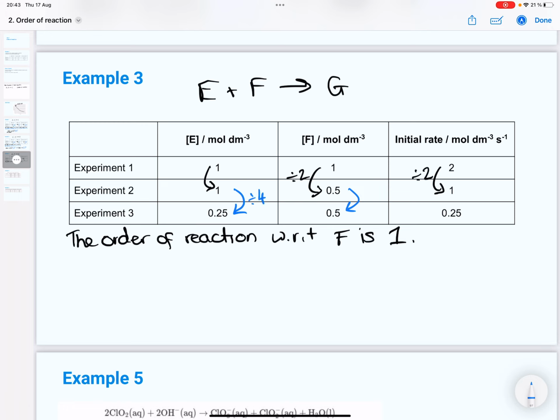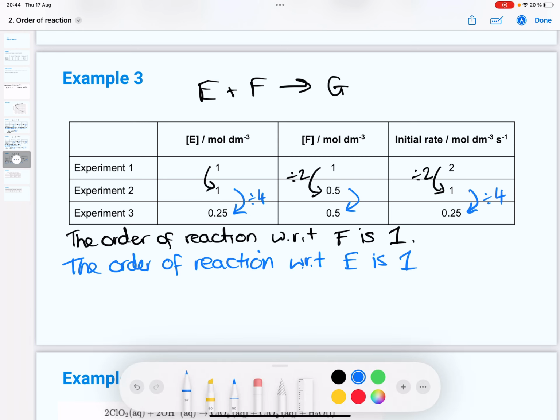Let's look at what happens to the initial rate. The initial rate goes from 1 to 0.25. That is divided by 4. So that means the order of reaction with respect to E is also 1.